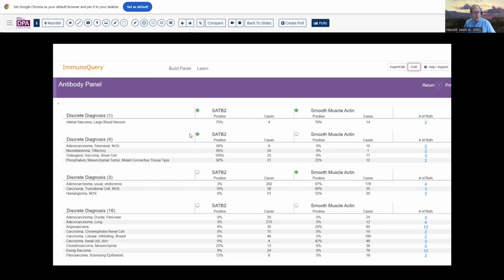As we look at those that are SATB2 positive and smooth muscle actin maybe positive in some cases, we get a fairly small list.